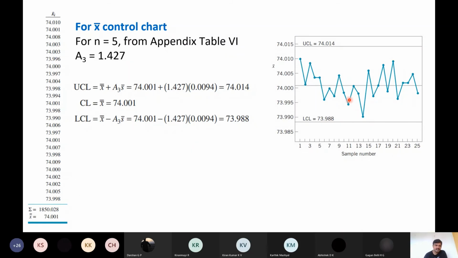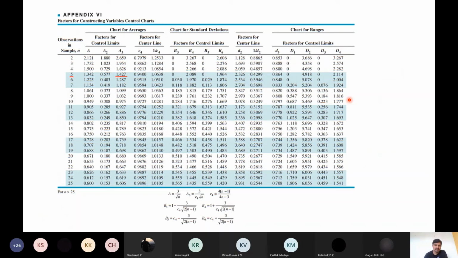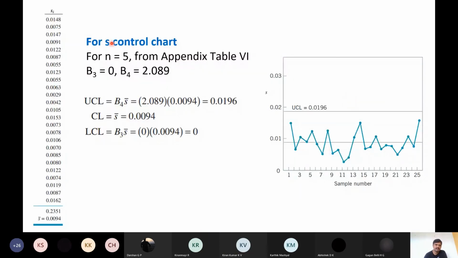Next, similarly, plot the S control chart, that is the sample standard deviation control chart. S is nothing but the sample standard deviation, whereas sigma is the process standard deviation. Here, for n, you need B3 and B4 values that you can get from the table.